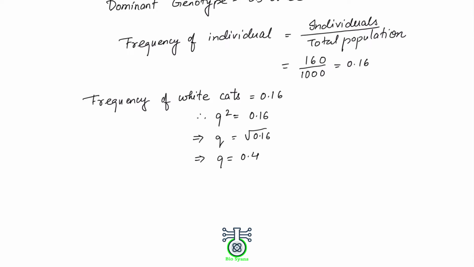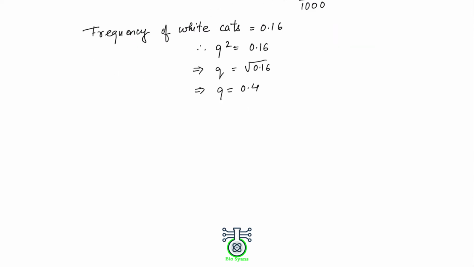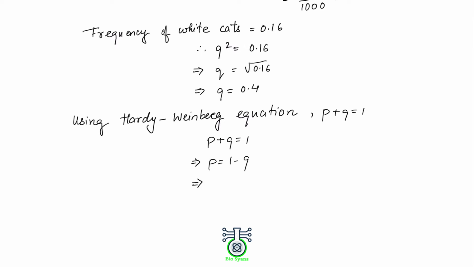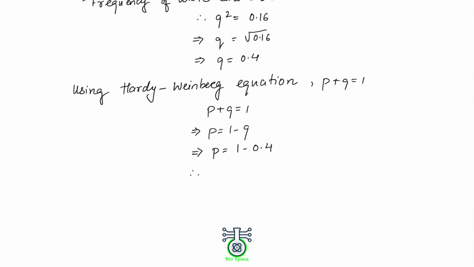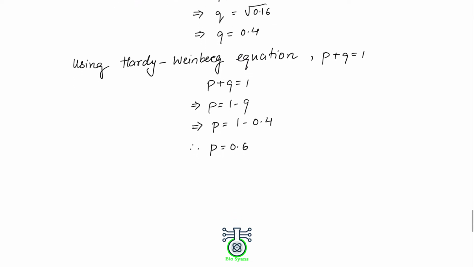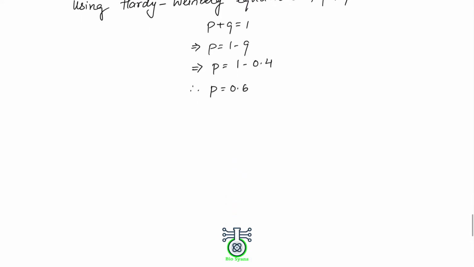Now, to solve the next one, we need to use the Hardy-Weinberg equation, p plus q equals 1, to solve for p. When we put in the values, we get p equals 1 minus 0.4, which is 0.6. Since p equals 0.6, p square equals 0.36.